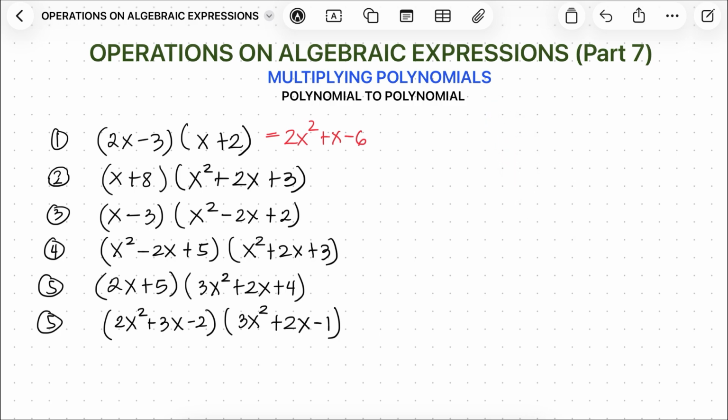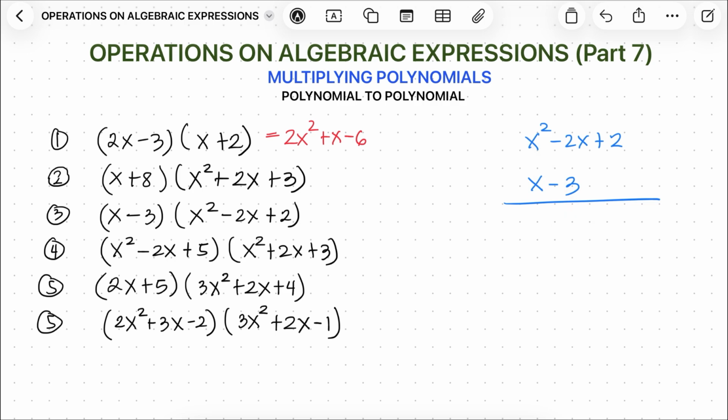Number 3, so we have x squared minus 2x plus 2 times x minus 3. I always put the polynomial with fewer terms below, or on the second one.